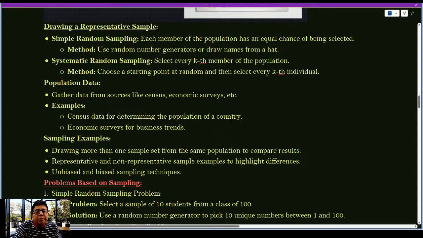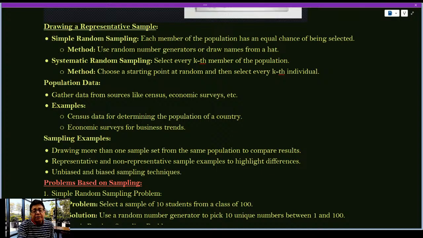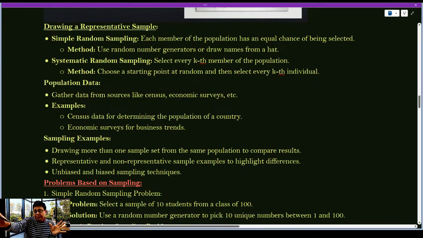Now let me tell you one example of sampling. Drawing more than one sample set from the same population to compare the results. We are taking one sample from here, one sample from the other, and the whole room is the population. Then we calculate their difference. That is also a sampling example.